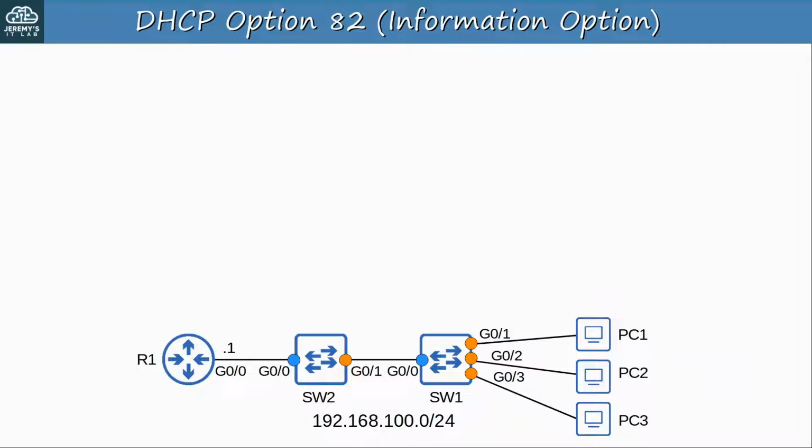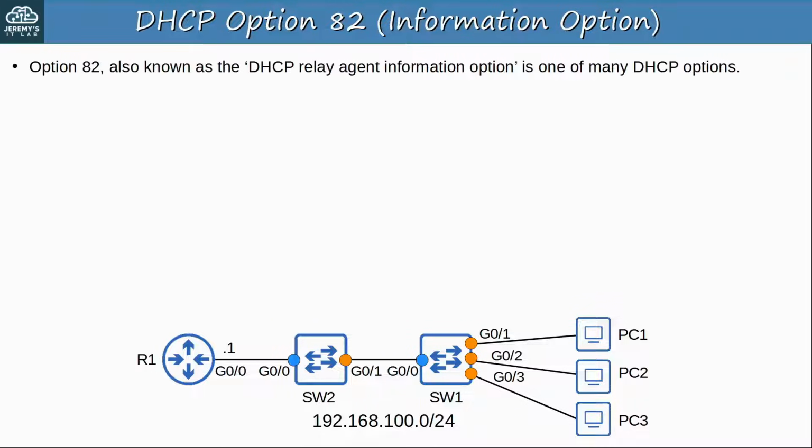Okay, let's go over that command that I said I would explain earlier. No IP DHCP snooping information option. First, what is the information option? Option 82, also known as the DHCP Relay Agent Information option, is one of many DHCP options. In the DHCP video of this course, I mentioned that there are various DHCP options that provide different functionalities.